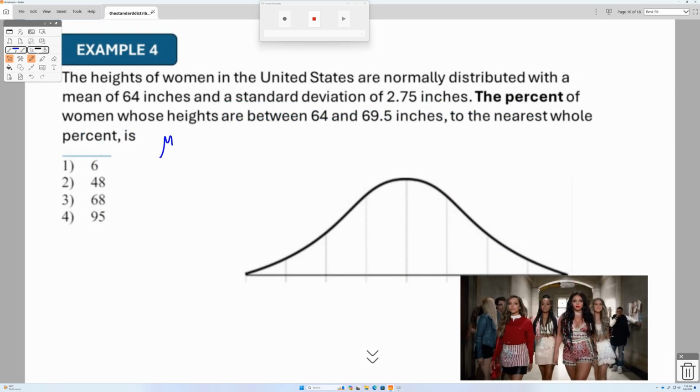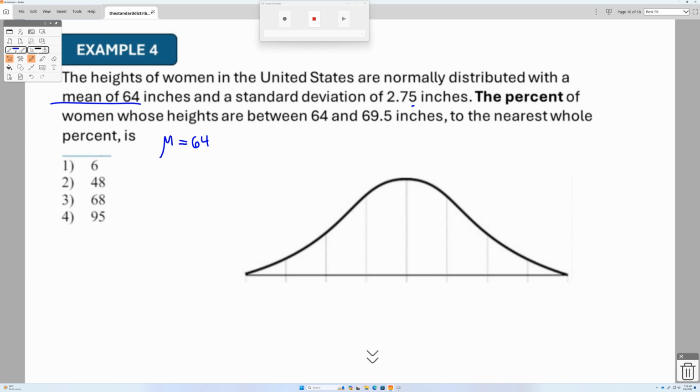The heights of women in the U.S. are normally distributed with a mean of 64 inches and 2.75 inches standard deviation.